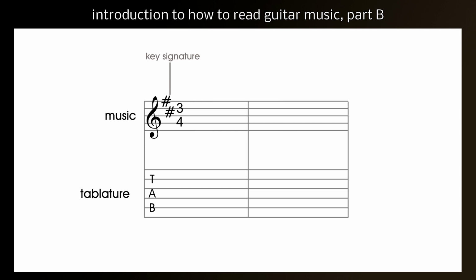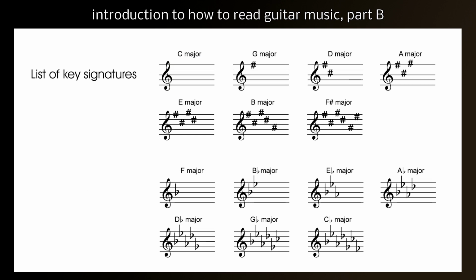The key signature is a series of sharps or flats that appears between the treble clef and the time signature. The key signature is really important because it actually changes what the lines and spaces mean.